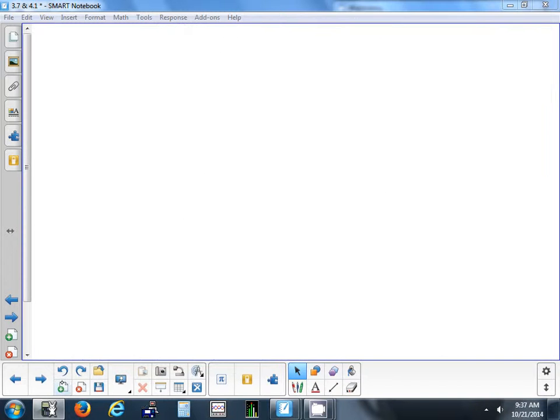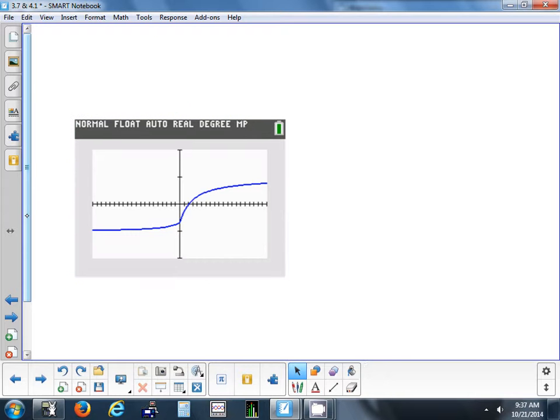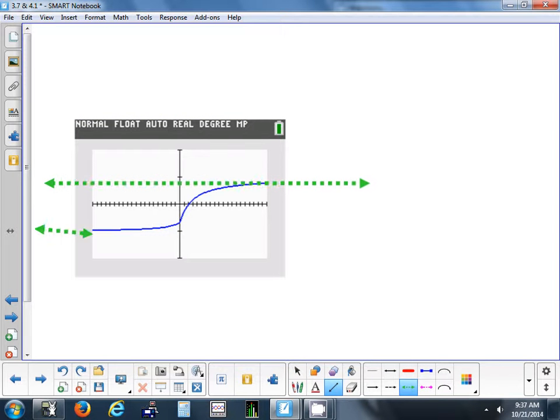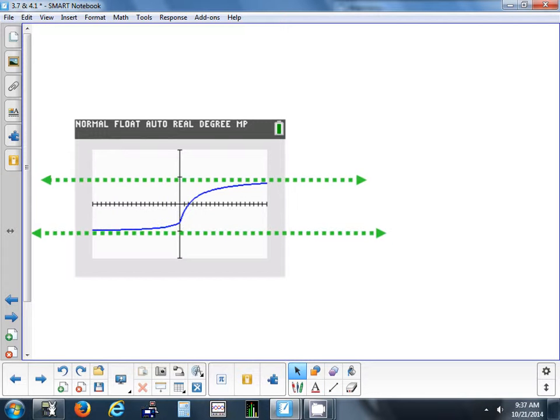If I was sketching this by hand, I would put 2 horizontal asymptotes, just like that. Remember, that blue curve is never going to hit either one of them. It's just going to get closer and closer to it.